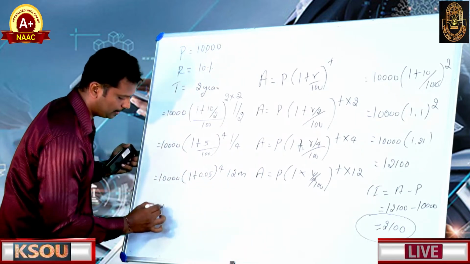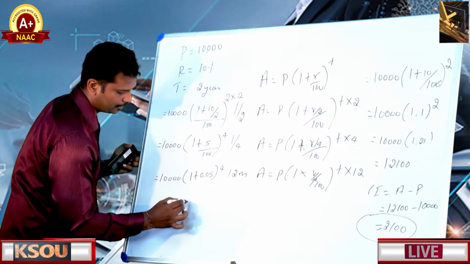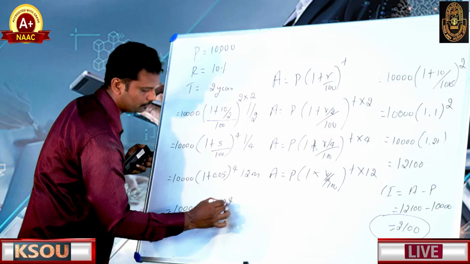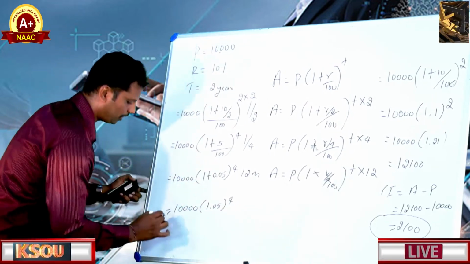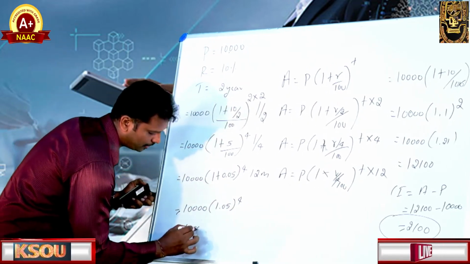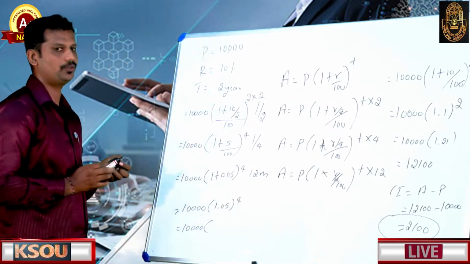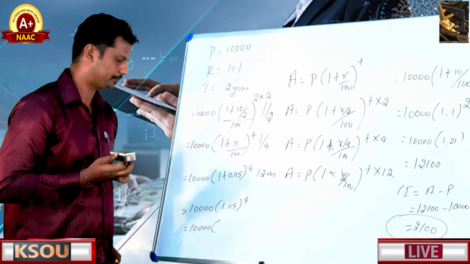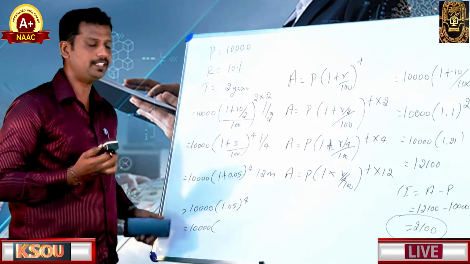The next step, P into 1.05 whole to the power of 4. The next one, you can use your simple calculator: 1 point.